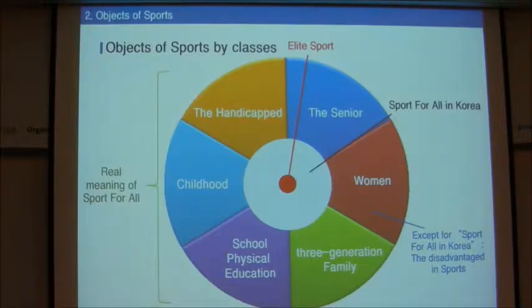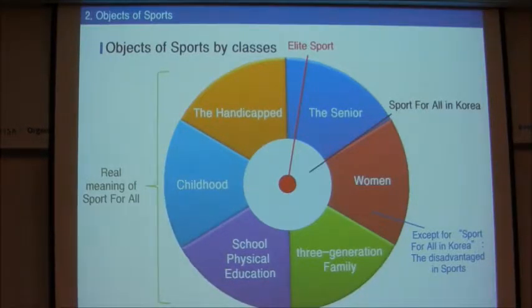These are the objectives of sports by 6 classes: the senior, women, three-generation family, school physical education, childhood, and the handicapped. Sport for all in Korea is also part of the 6 classes.